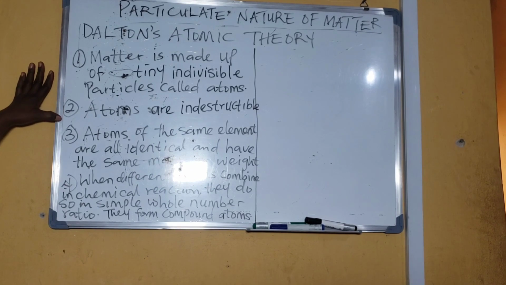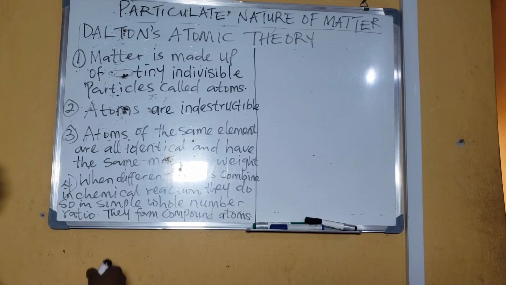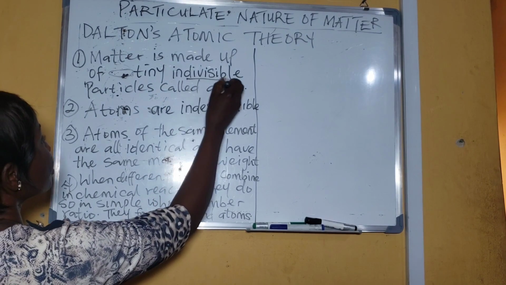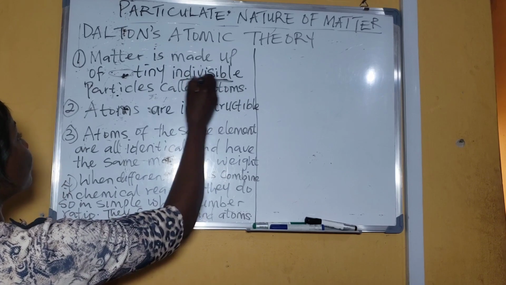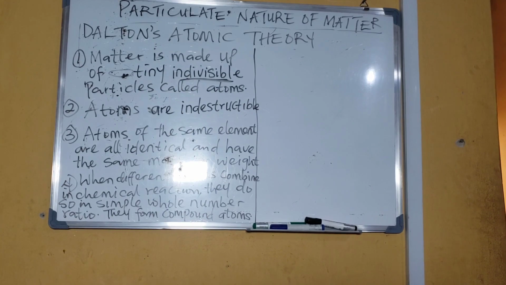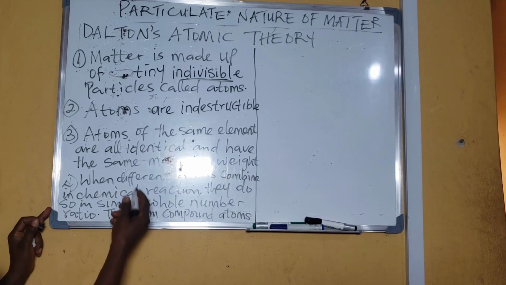Then the second one there is that atoms are indestructible. The third one is that atoms of the same elements are all identical and have the same mass or weight.